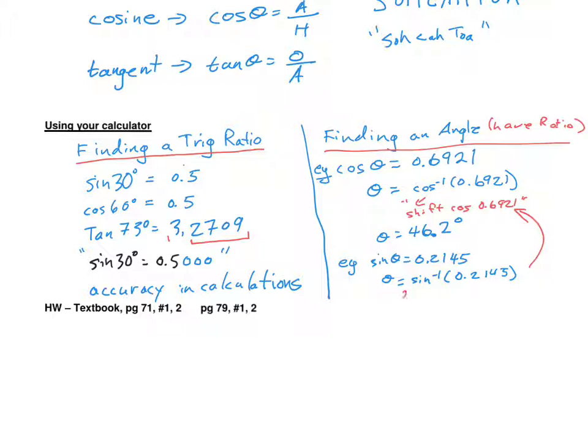So on some calculators you have second sine of 0.2145, and then that will give you our answer of theta is equal to 12.38 degrees. And we're done.